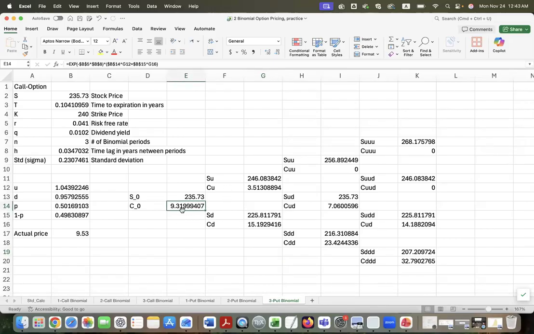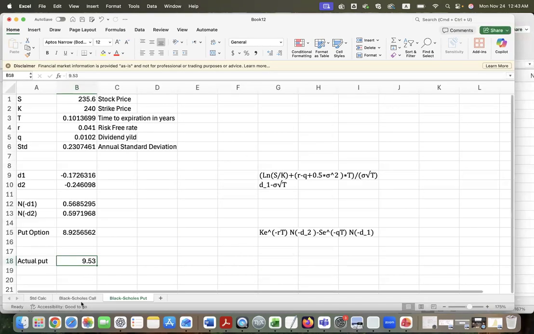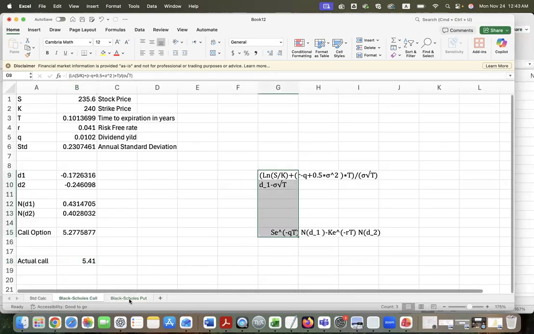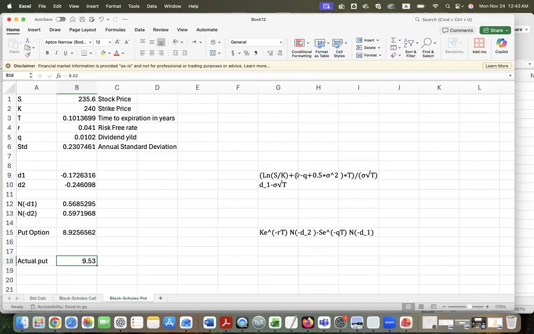So here binomial is 9.3. So yeah, binomial is a little bit closer to actual prices, but this is the way that we calculate the Black-Scholes formula. So I did it for one call and then one put, and that's it.